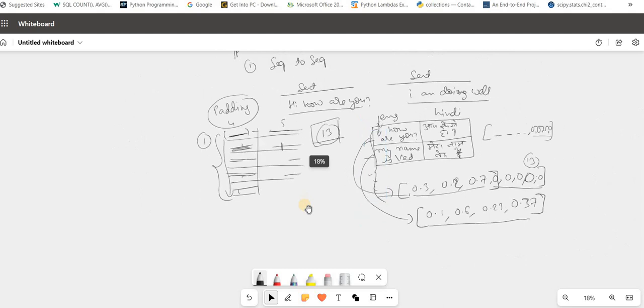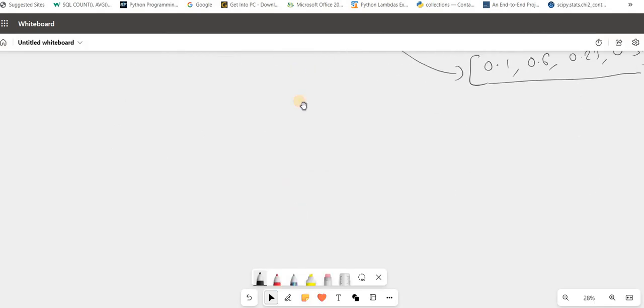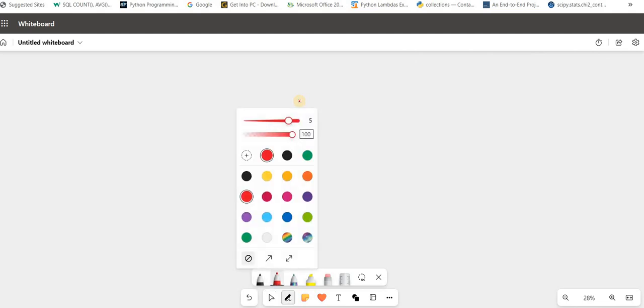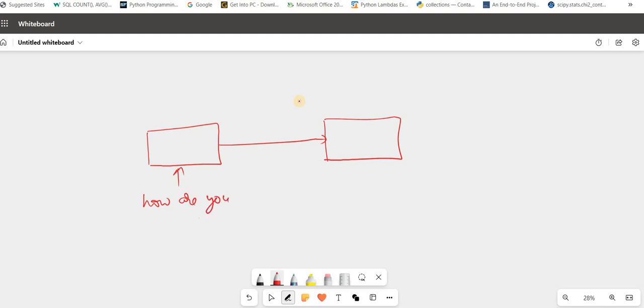Now let's understand how it works. Let me show you here. This is the encoder, this is the context vector, this is the decoder. Suppose I have written here, how are you?